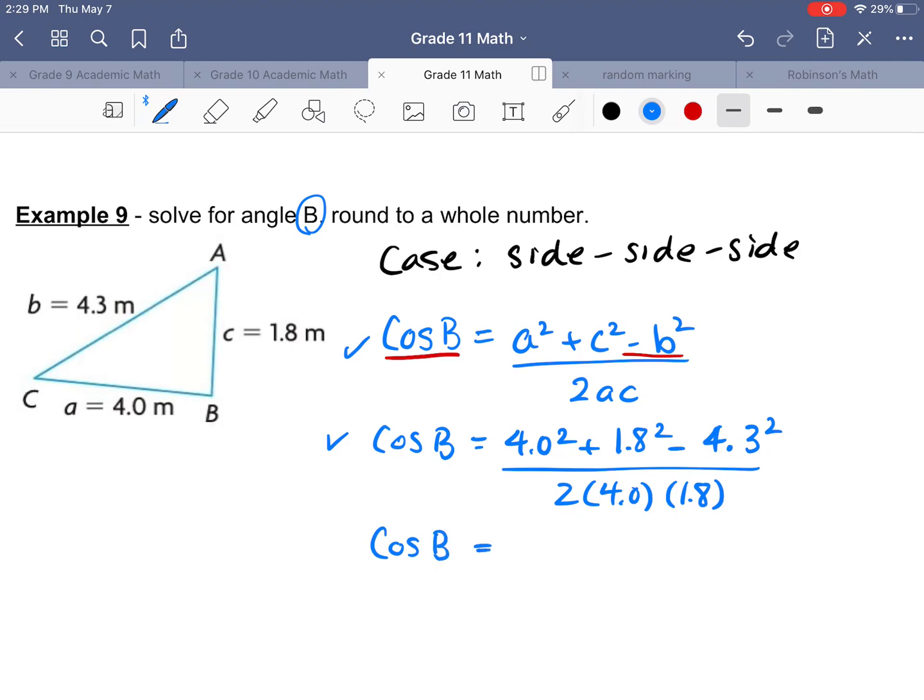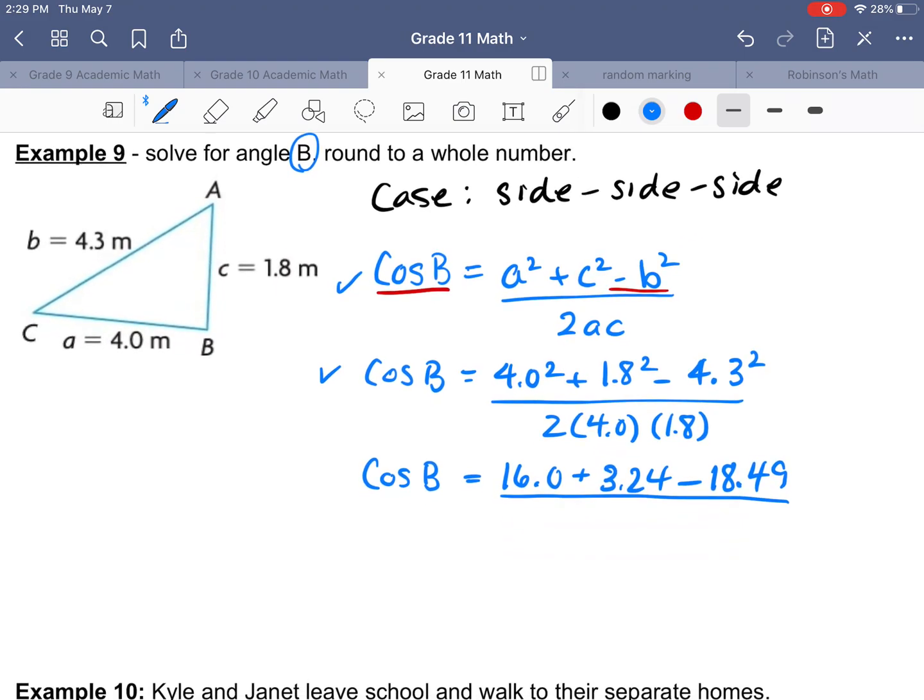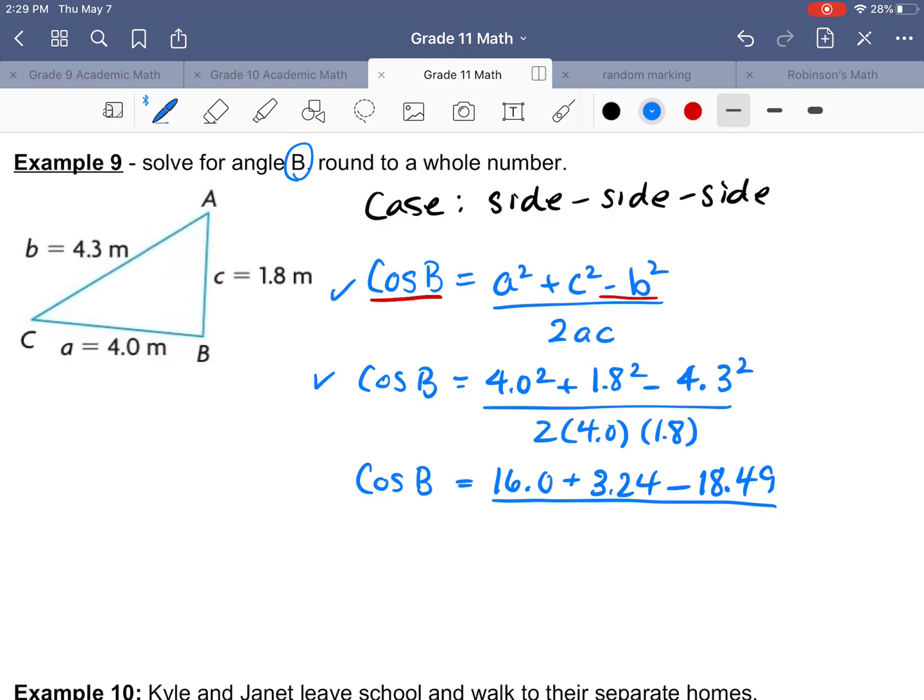So cos B is going to be equal to 16.0 plus 3.24 plus, whoops, we don't want plus there, we want minus 18.49. And all of that is over 14.4.